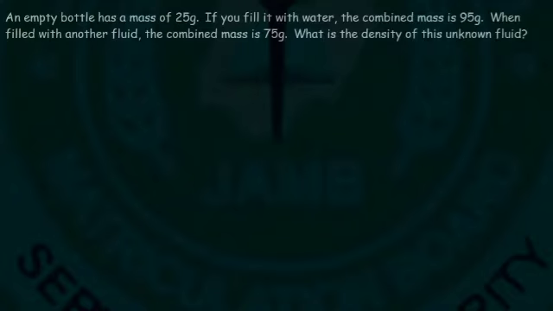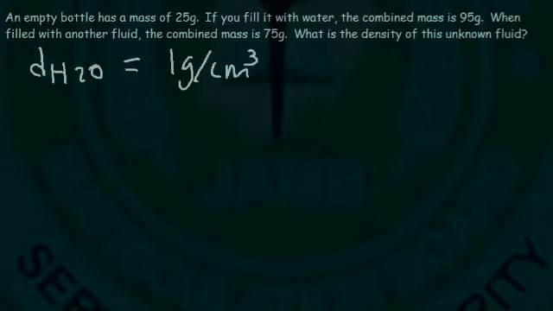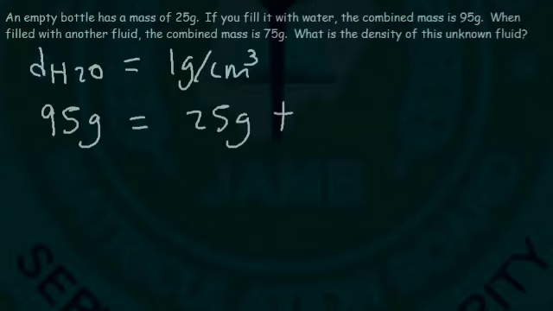So what would you do in this problem? We need to find the volume of the empty bottle, because if we have that, then using the mass of the fluid, we can calculate the density of the fluid. Now we know the density of water. It's about 1 gram per cubic centimeter. So what is the mass of the water? The combined mass of the bottle and the water is 95 grams, and the mass of the bottle is 25.